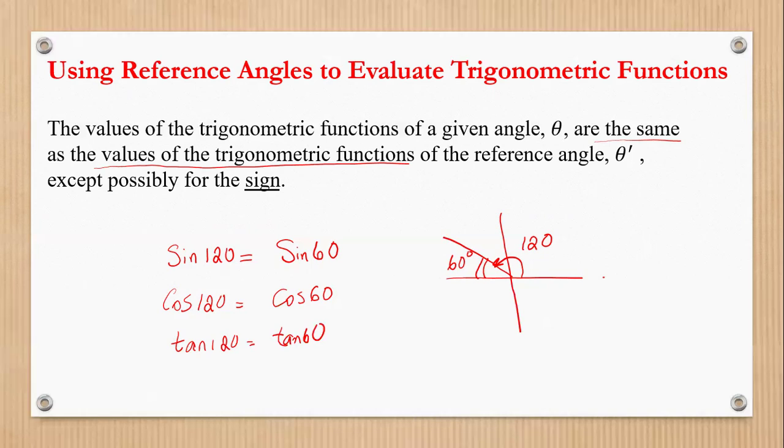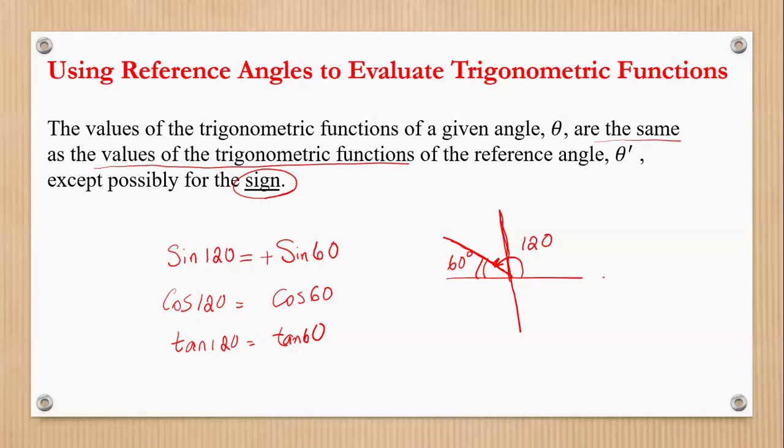But something that's very important is whether the function is positive or negative. That depends on where the angle is, which quadrant the angle is in. 120 is an angle in the second quadrant, and in the second quadrant the sine is positive, so we should keep it positive.